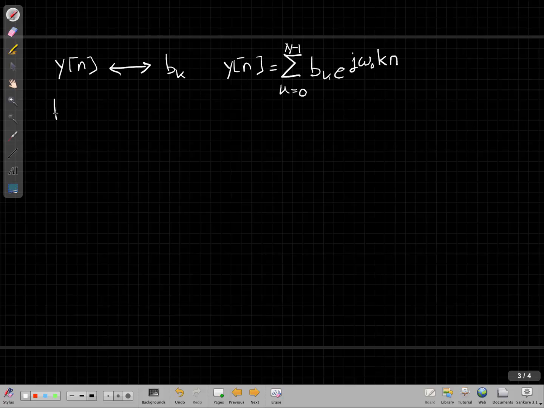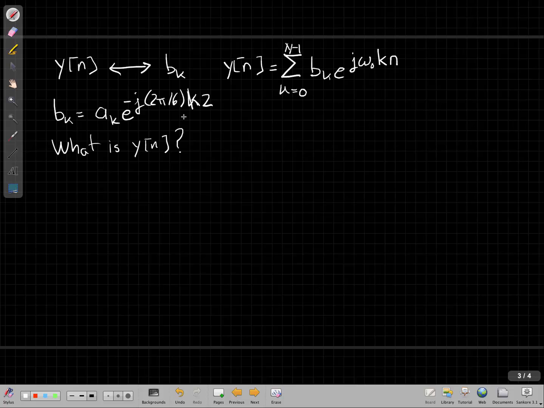What if I choose b of k to be the same a of k I had on the previous page, times e to the minus j 2 pi by 6 times k times 2? I'm going to take the Fourier series coefficients on the previous page, and for each value of k, multiply by this complex number to get b of k. The question is, what is y of n? What do I get for the time signal?